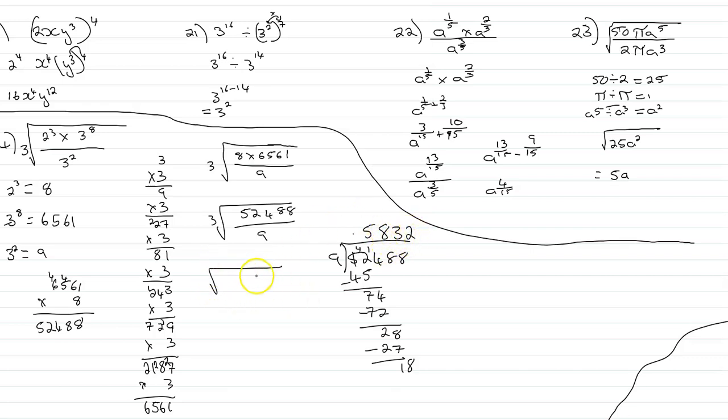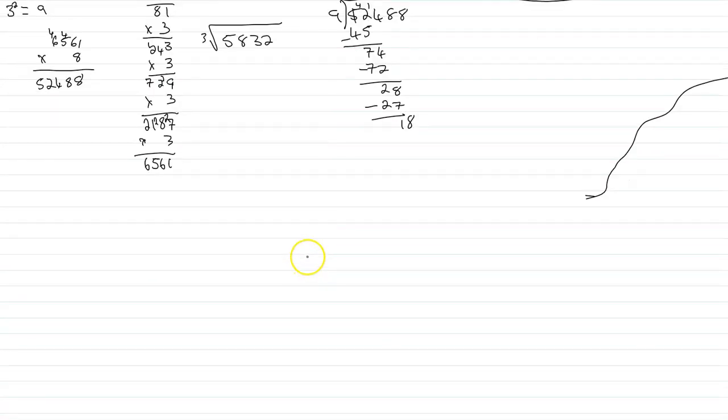Now we need to write this over again. So this is the cube root of 5832. Now we need to find the cube root of this number. Another trick for figuring out a cube root without a calculator is to find out what our cubes are. Let me scroll down so we have enough space here.